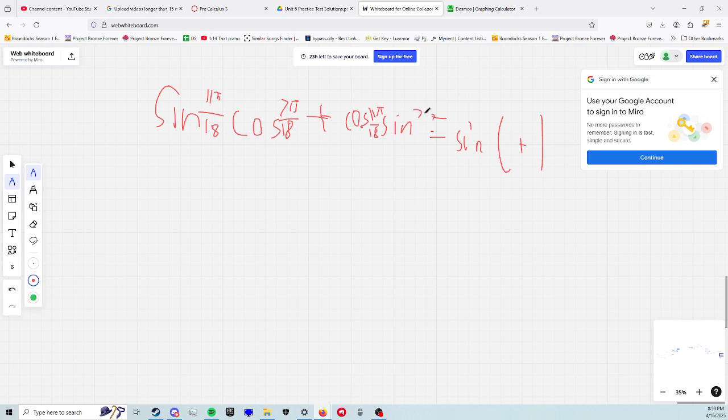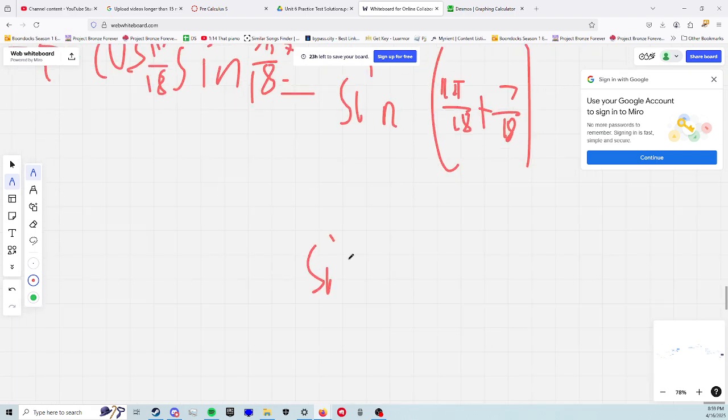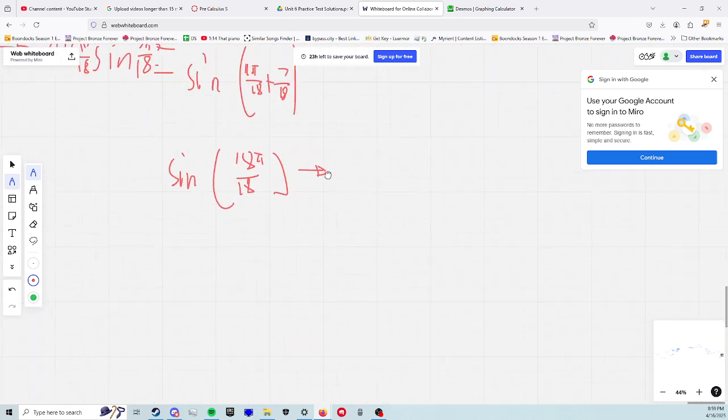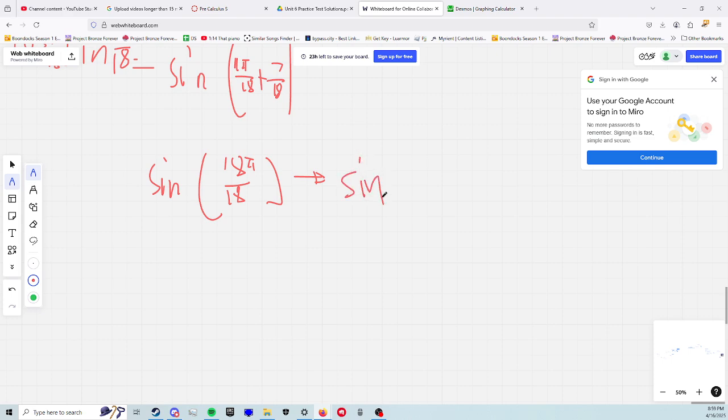So this is A and this is B. We can condense this into 11 pi over 18 plus 7 pi over 18, and further condense this. They both match up conveniently: 18 pi over 18, which means that this is sine pi.